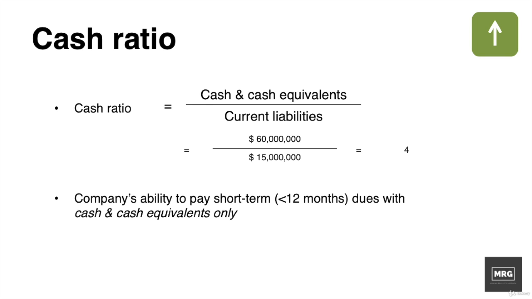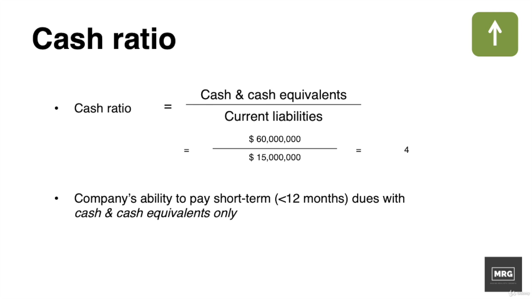The next liquidity ratio, the third one we are looking at, is the cash ratio. If we look at the formula, we are taking cash and cash equivalents divided by current liabilities. Cash and cash equivalents, just a reminder, is also a kind of current assets.